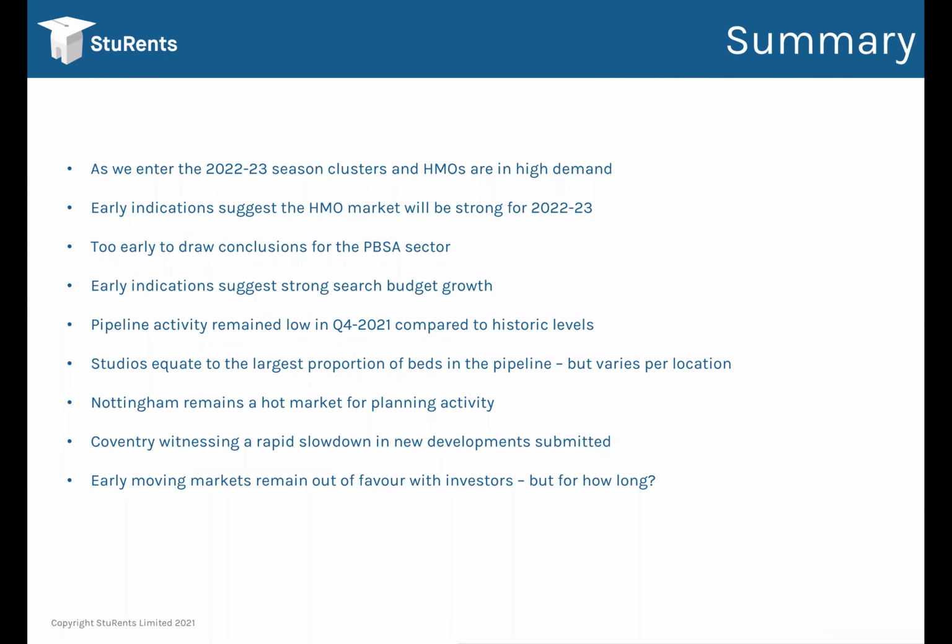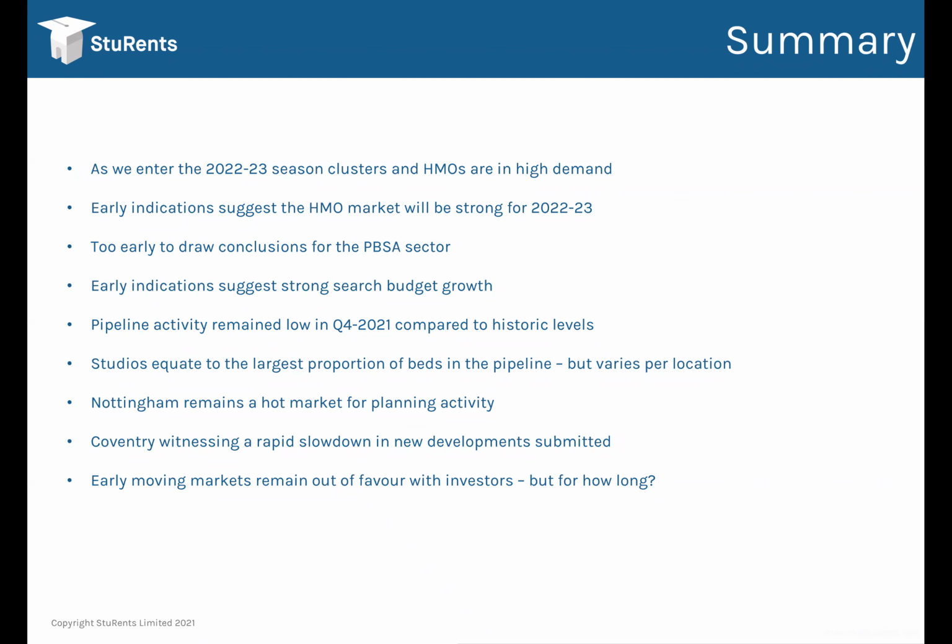So for today, just a very quick summary of what we've briefly touched on. As we've seen so far this season, for the 2022 season, clusters and HMOs are currently in very high demand. And we saw that 4, 5 and 6 beds are the most searched for size as of today. Early indications also suggest the HMO market is going to perform particularly strong this year.